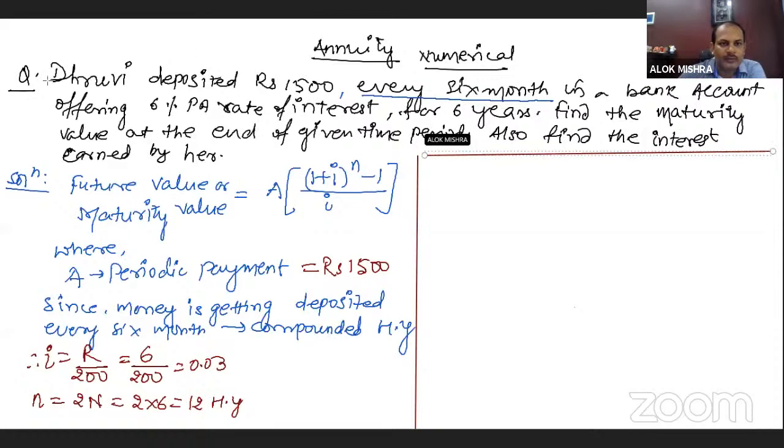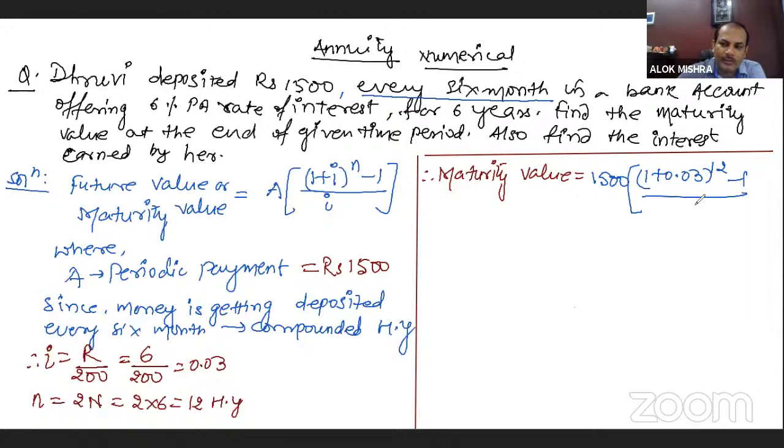So we'll go ahead by substituting the values. Therefore, maturity value is equal to what? I just need to substitute the values. It is equal to 1500 times (1 plus I, that is 1 plus 0.03) to the power n, that is 12, minus 1, upon I, that is 0.03.